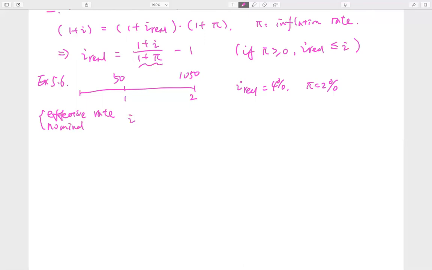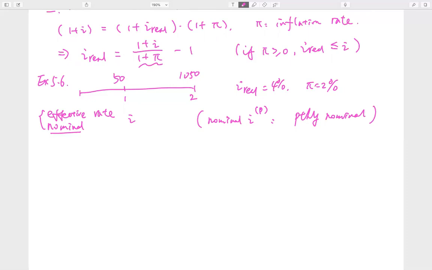So the nominal interest rate here is not the same as the nominal interest rate we studied in chapter 4, right? That's the nominal interest rate per year convertible p times a year, right? So this is the p-thly rate.